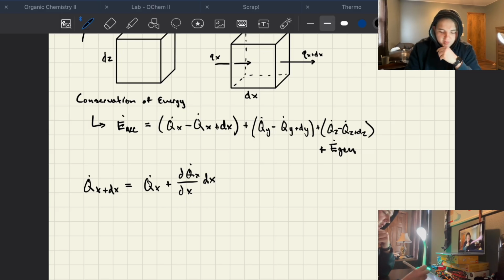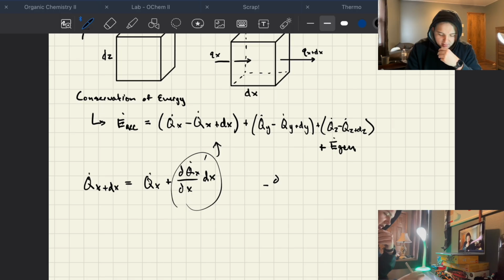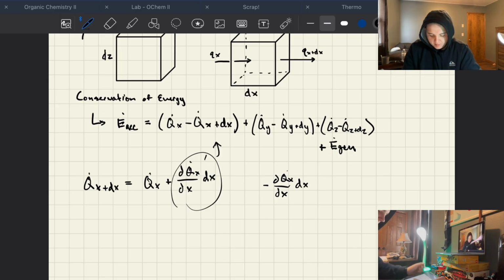Once you move around these, you'll realize that this quantity here is going to be equal to that, but negative. So this can be substituted as negative differential of our heat flux over differential x, dx. That will be equal to that on all sides too, because they're all equivalent.